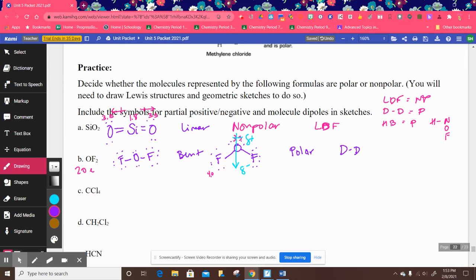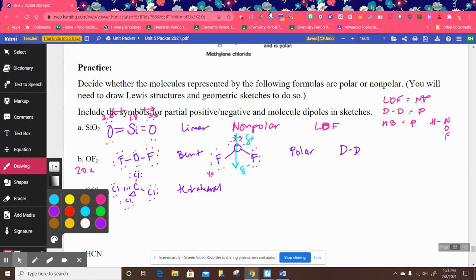All right, let's try CCl4. So for this one, it's going to be tetrahedral, carbon in the middle, chlorine, chlorine, chlorine, chlorine, and a full house here for a total of 32 electrons. Okay, so this is tetrahedral. If I look up the electronegativity values, I could see that carbon is a 2.5 and each chlorine is a 3.0.